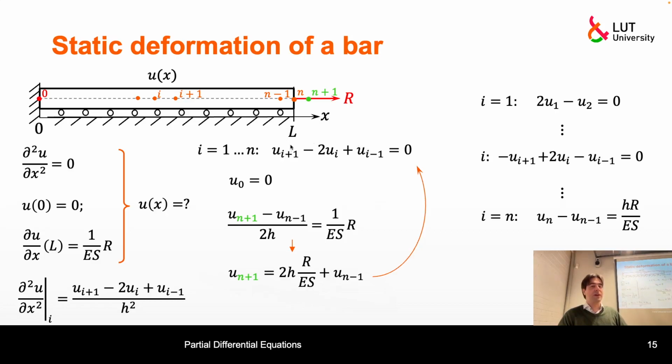And then I have n equations which only include displacements at point 1 up to point n. They do not include the displacement at point n plus 1 anymore, but they include this force boundary condition.